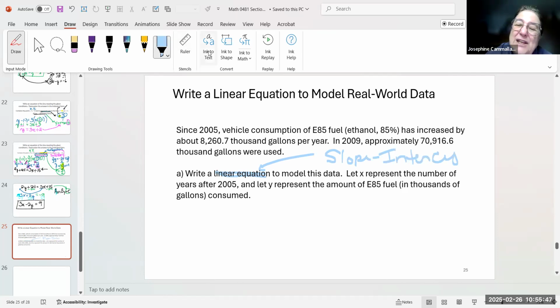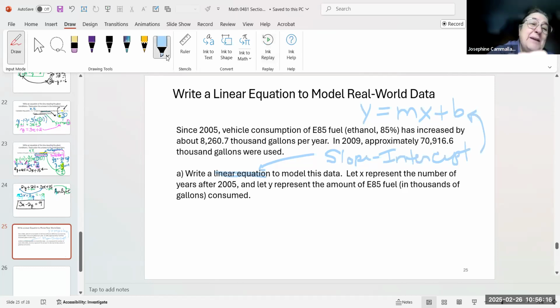That's the best way to write it, which is y is equal to mx plus b. Whenever you want to model that equation, it is easiest to write it in slope-intercept, unless they say write it in standard form. But normally, a linear model is slope-intercept form.